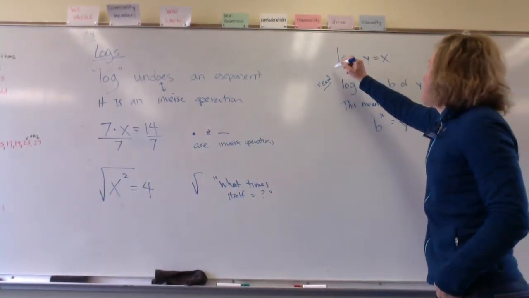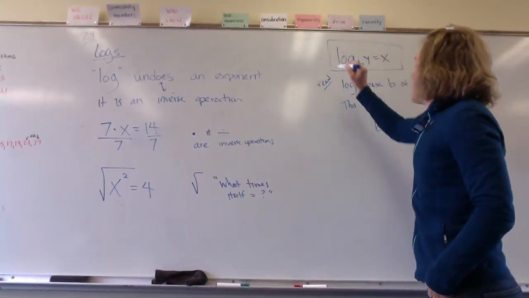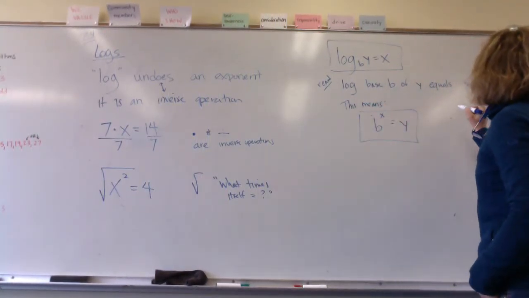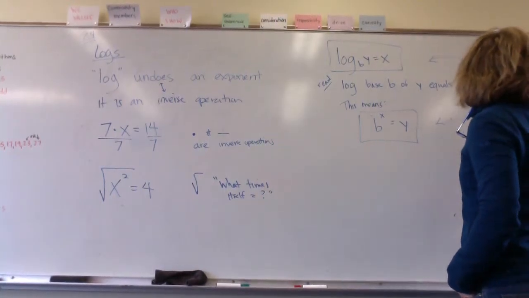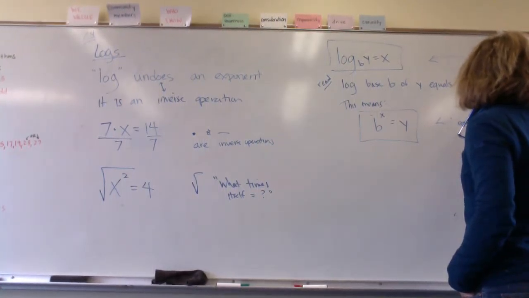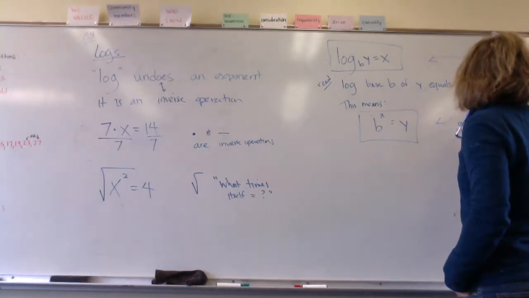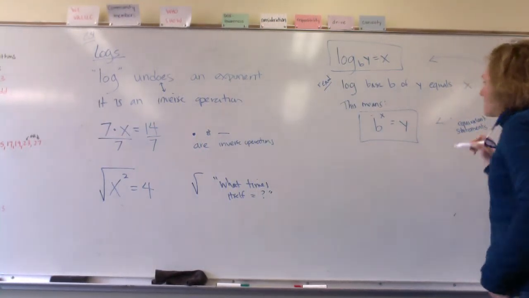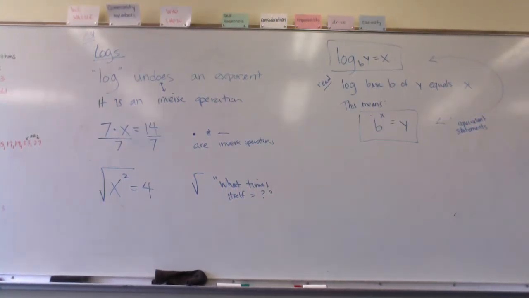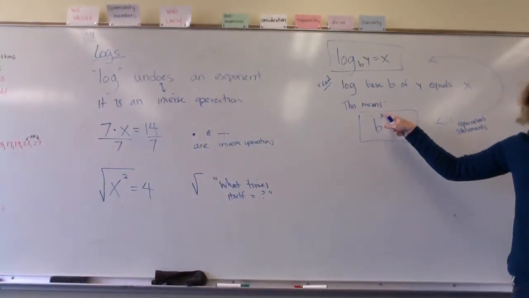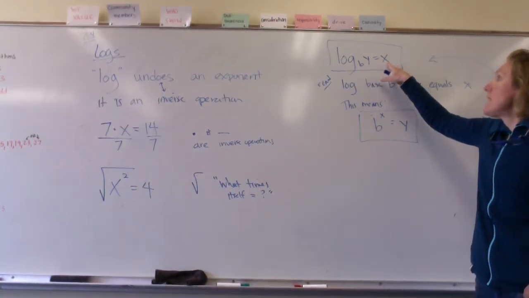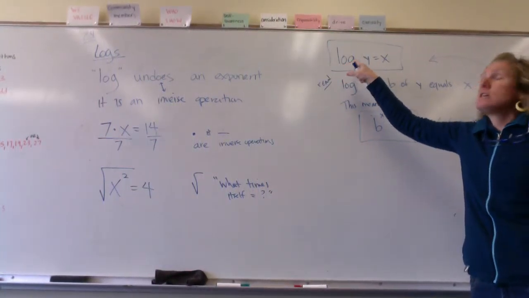So this statement and this statement are literally equivalent statements. Do you understand why b is now a base? Right, this is a base, this is an exponent. So b to the x equals y. That's how you need to interpret log.